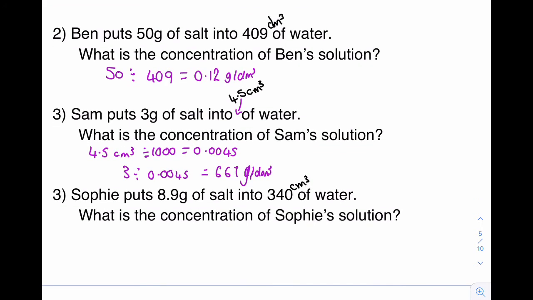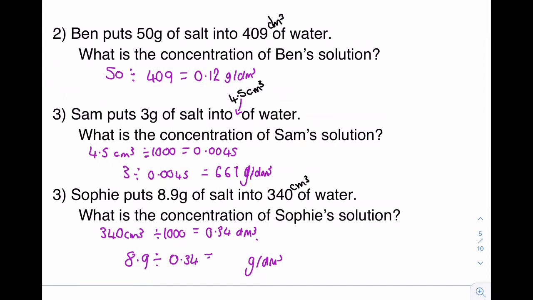Final one, so if you put 8.9 grams of salt into 340 centimetre cubed, well, you're going to have to change that. 340 centimetre cubed divided by 1,000 will give you 0.34 decimetre cubed, and then you're going to do your 8.9 divided by 0.34 to give you your answer in grams per decimetre cubed.